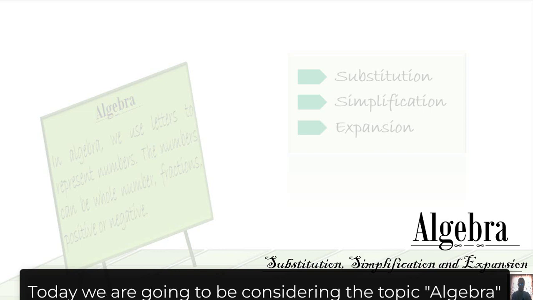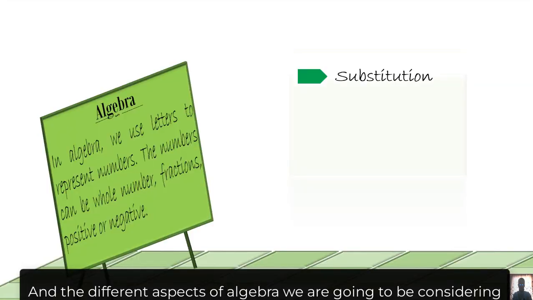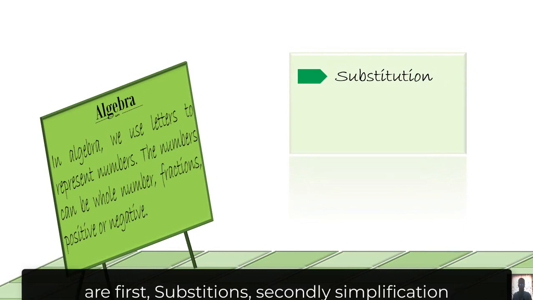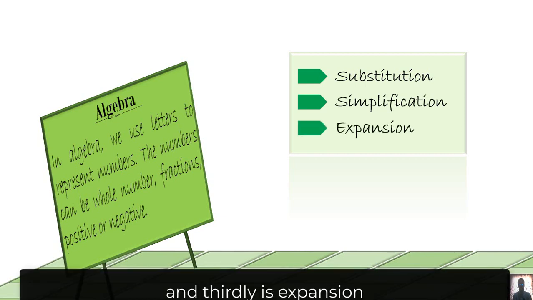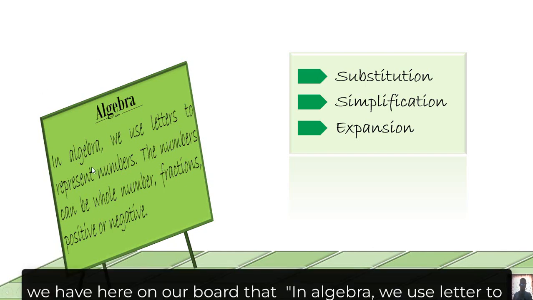Today we're going to be looking at a topic, algebra, and the different aspects of algebra we're going to be considering are first substitution, secondly simplification, and thirdly expansion. On our board, we have that in algebra we use letters to represent numbers.